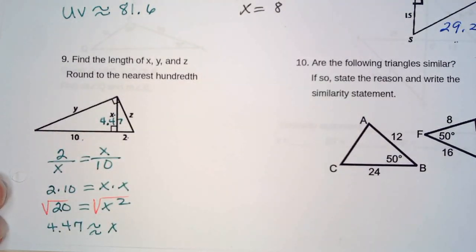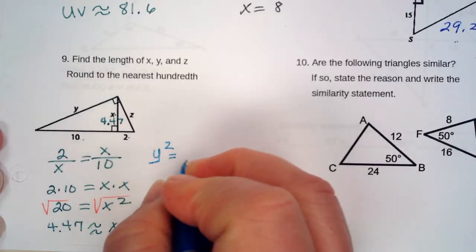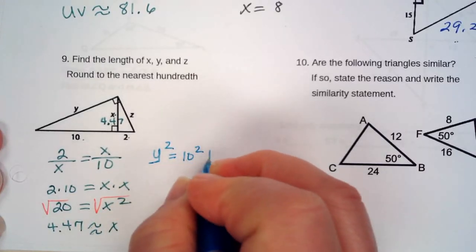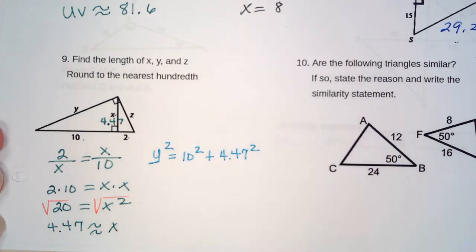Now, y and z are both the hypotenuse of our right triangle. So we can easily use Pythagorean theorem to find the missing lengths. For y, y squared is equal to 10 squared plus 4.47 squared.